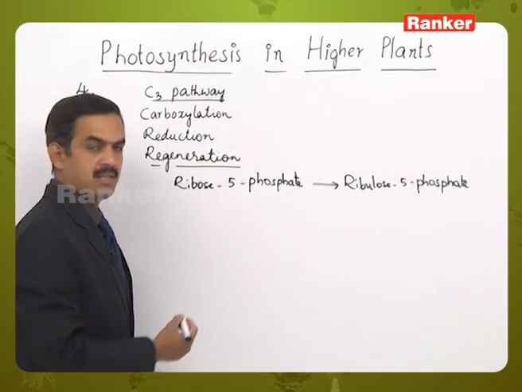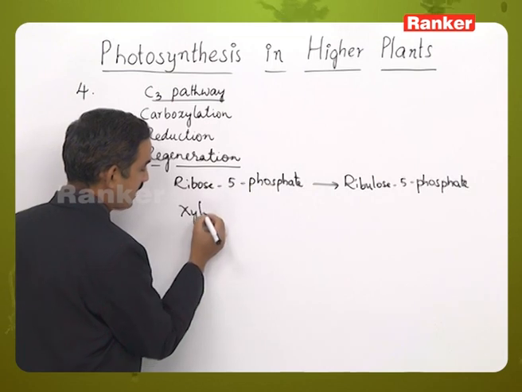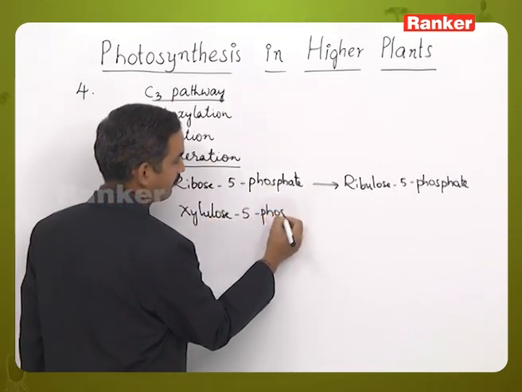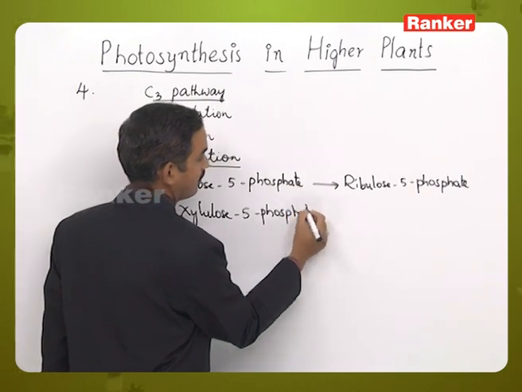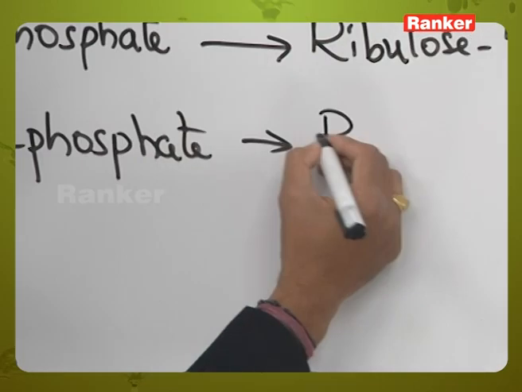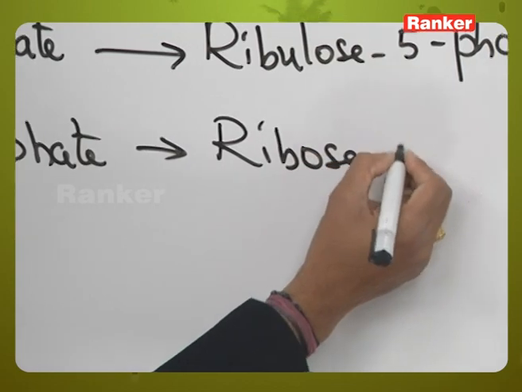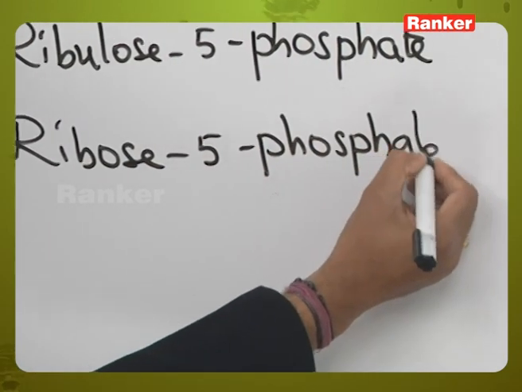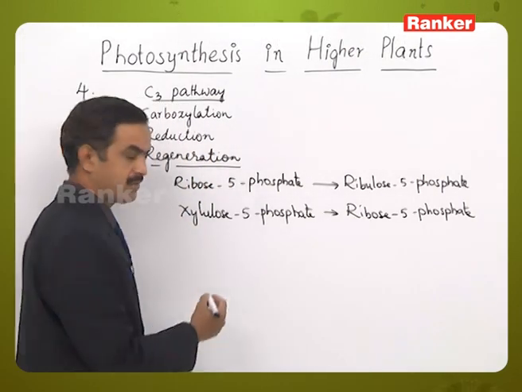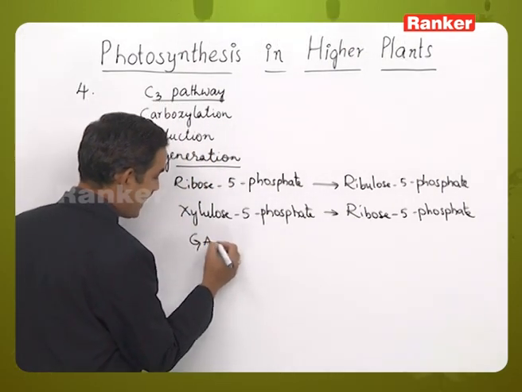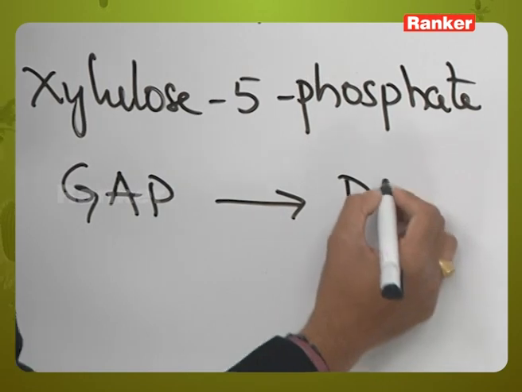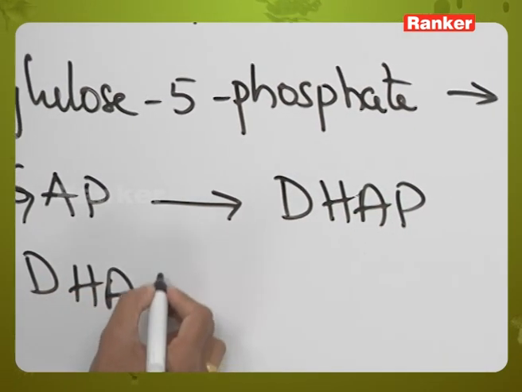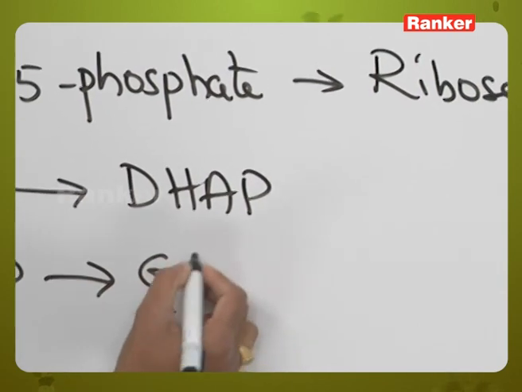The second one is xylulose 5-phosphate giving rise to ribose 5-phosphate. And the third one is GAP giving rise to DHAP, and the fourth one, DHAP giving rise to GAP.